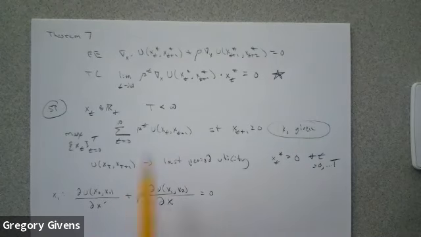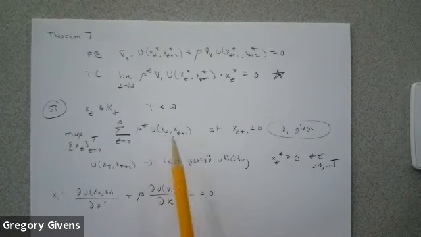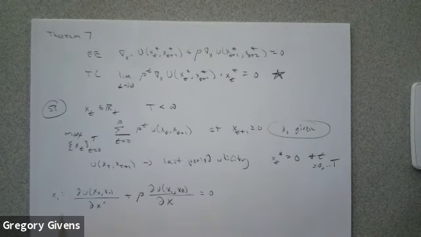The derivative of this lifetime objective with respect to x1, well, x1 appears in two terms. It appears in u(x0, x1), and it appears in u(x1, x2). What is the derivative with respect to x2?